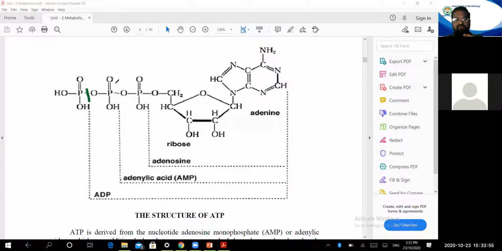Now just consider that the cell does not have ADP molecules. What is going to happen? Catabolic reactions occur, and the energy is released during those catabolic reactions. But if there is no ADP molecule to receive that energy, it will be wasted.